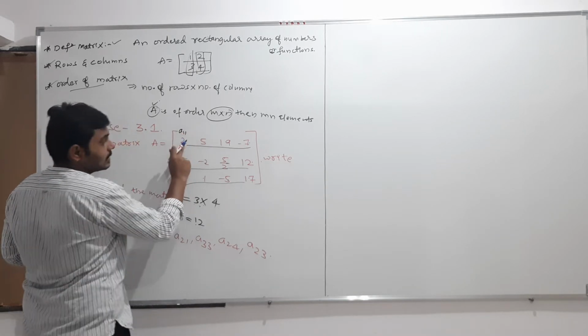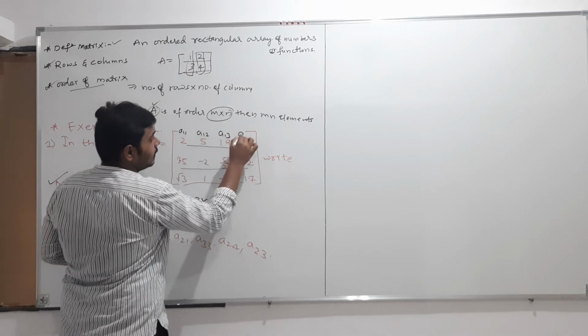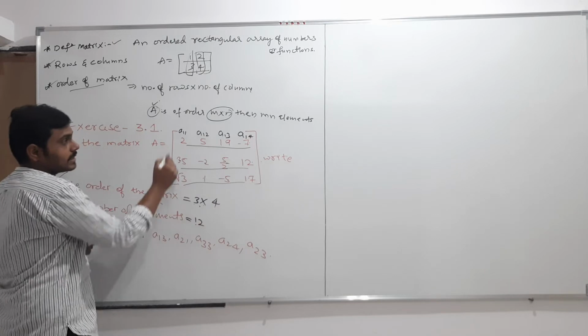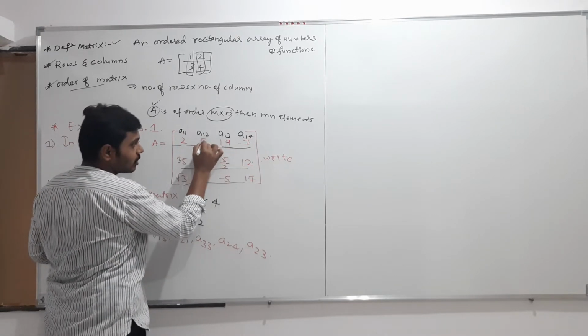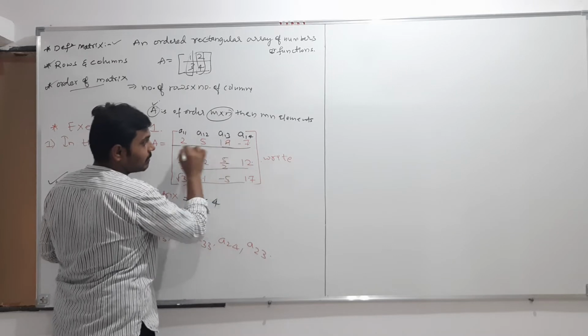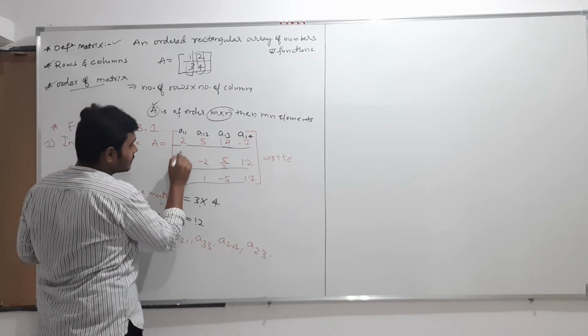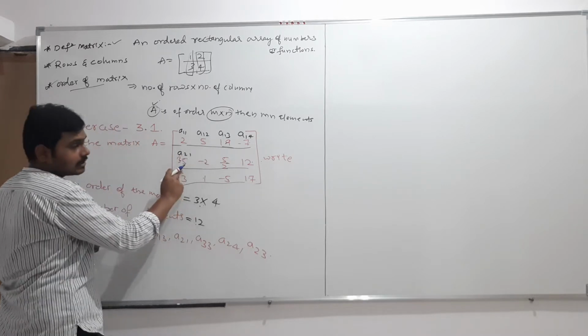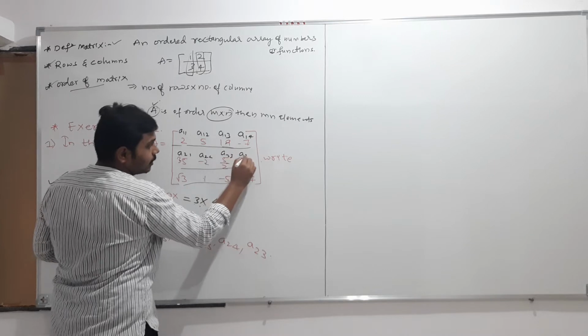I can write it as: this is A11, this is A12, this is A13, this is A14. A11 means the first row first column element, then first row second column element, first row third column element, first row fourth column element. Like this we should write. Similarly here this is A21, second row first element, second row second element, second row third element, second row fourth element.